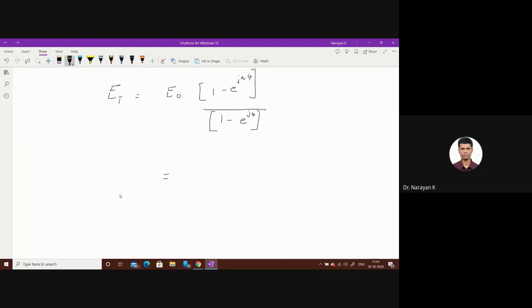I can rewrite this as E naught. Okay. Take out e raised to the power j n psi by 2 outside the bracket. So what will come inside the bracket now? If I take e raised to the power j n psi by 2 outside, what will come inside the bracket?